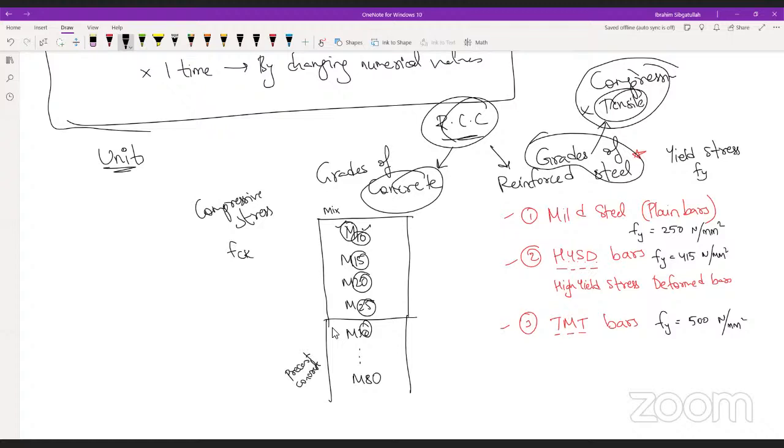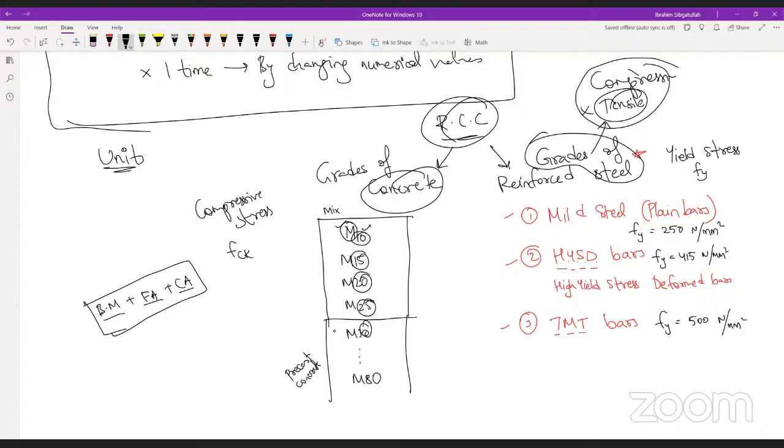So what exactly are we mixing? We are mixing binding material plus fine aggregate plus coarse aggregate. There are different quantities of binding material, fine aggregate, and coarse aggregate which are mixed in M10, M15, M20, M25, like that.